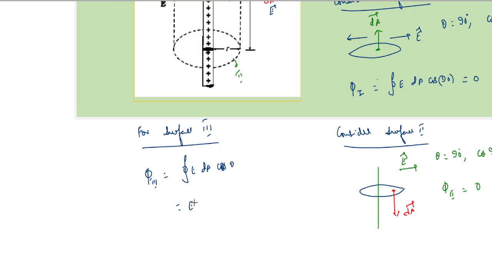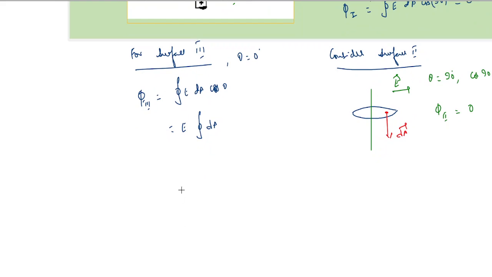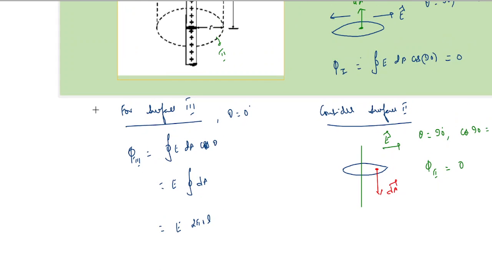Here E comes out because for any point on the curved surface, the field would be constant in magnitude, and also for that part theta is equal to 0 and cos 0 is equal to 1. So what remains is just integrating the curved surface area, and from geometry the curved surface area would be 2 pi r L. Do remember that this means adding all the small areas.